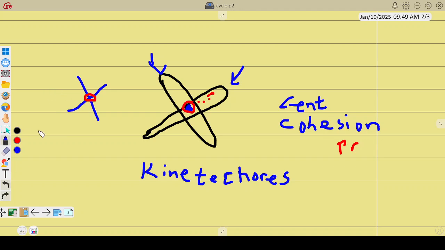So we have attachments like this to the kinetochores. These will be very important later on when we go to anaphase. So this is the basic thing you should know about the chromosome.